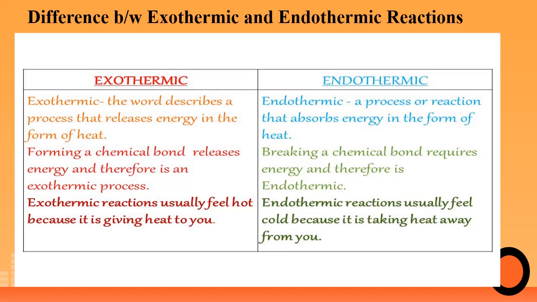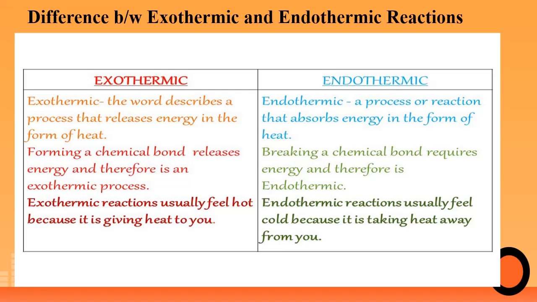Exothermic describes a process that releases energy in the form of heat. Forming a chemical bond releases energy and therefore is an exothermic process. Exothermic reactions usually feel hot because they are giving heat to you. And simply, an endothermic reaction is a process that absorbs energy in the form of heat.